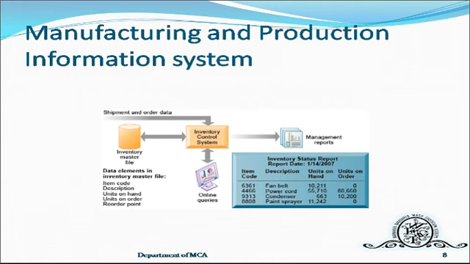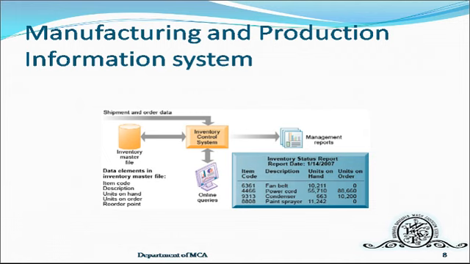Next is manufacturing and production information system. This manufacturing and production information system is responsible for actually producing the firm's goods and services. This manufacturing and production system deals with the planning, development, and maintenance of production facilities.